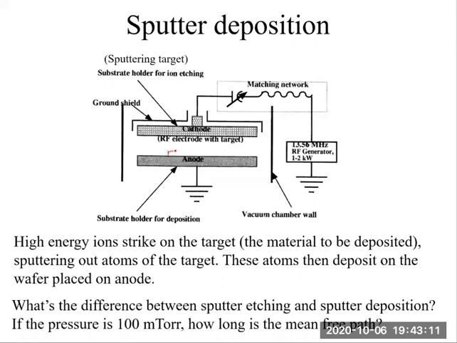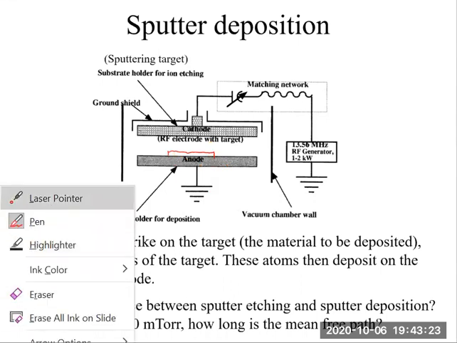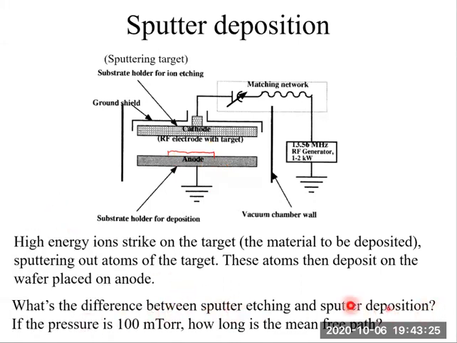Let's assume this is the wafer placed on the anode. Those sputtered atoms then deposit on this wafer. So what's the difference between sputter etching and sputter deposition? For sputter etching, the wafer is placed on the cathode.